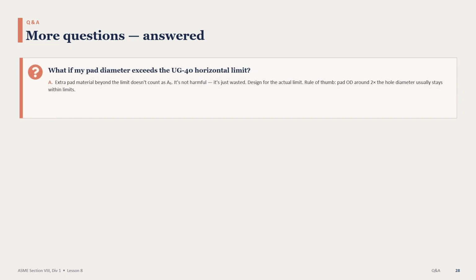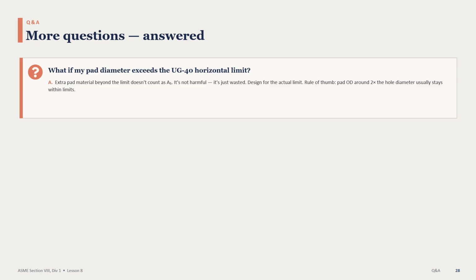Question 4. What if my pad diameter exceeds the UG-40 horizontal limit? Extra pad material beyond the UG-40 limit doesn't count as A5. It's not harmful, it's just wasted metal and wasted weld. Design your pad to the actual limit.